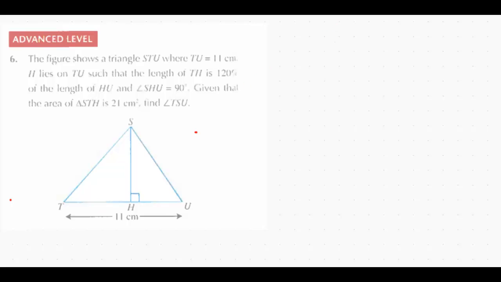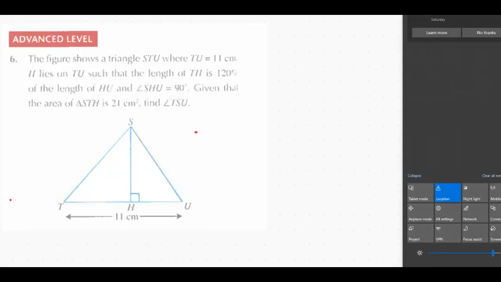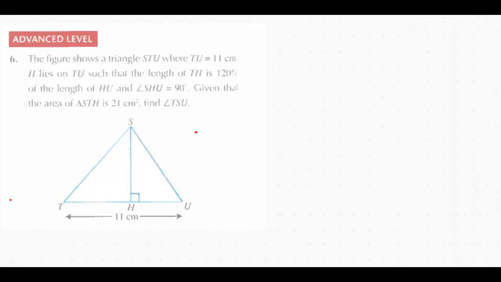Now let's read the question again and solve the question step by step. The TU length is 11 centimeter and the TU such that the length of TH, where is TH?